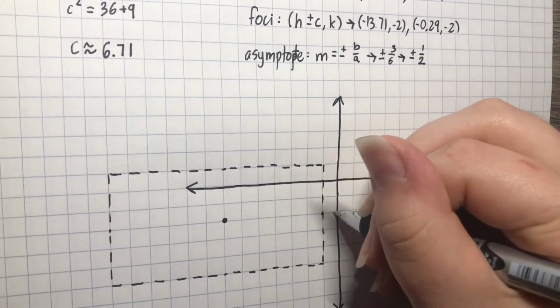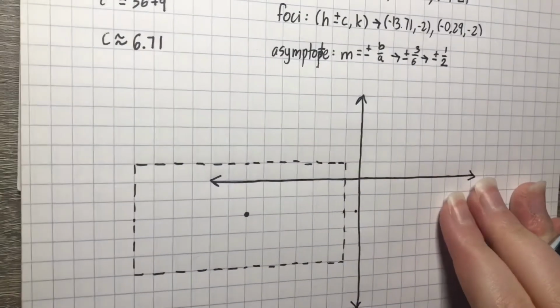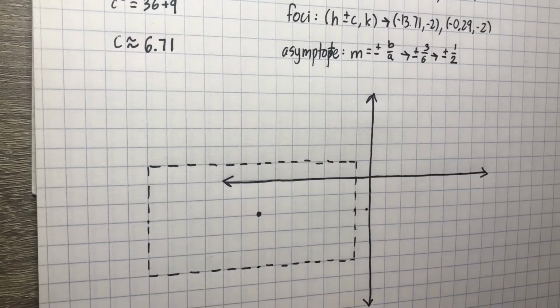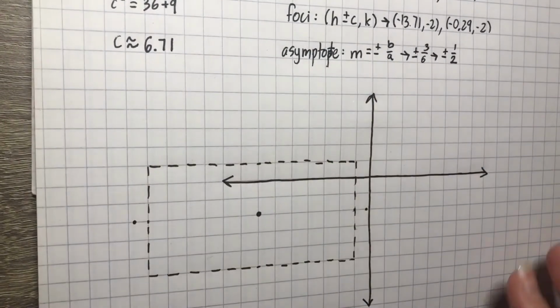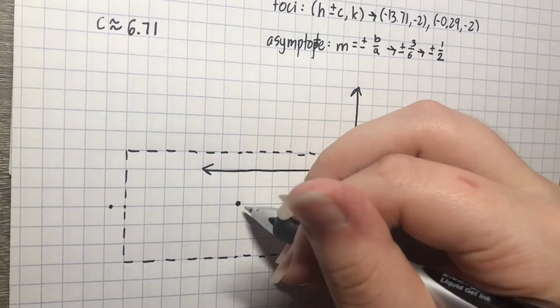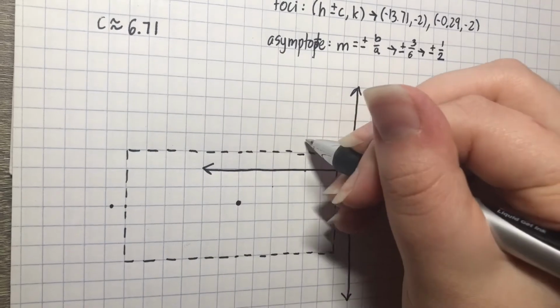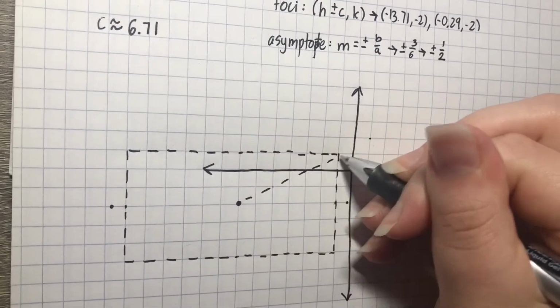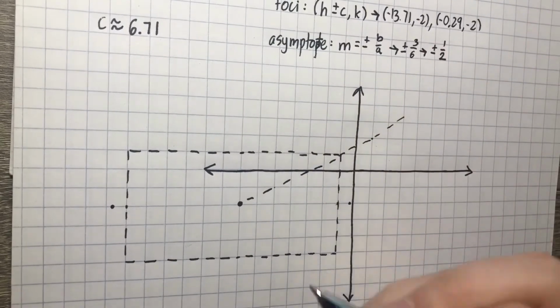So next I'm just drawing the foci where they belong, and I just wanted to make sure that I did it right, so I counted it out. And then I drew the asymptotes, which are plus or minus 1 over 2, so rise over run, up 1 over 2.